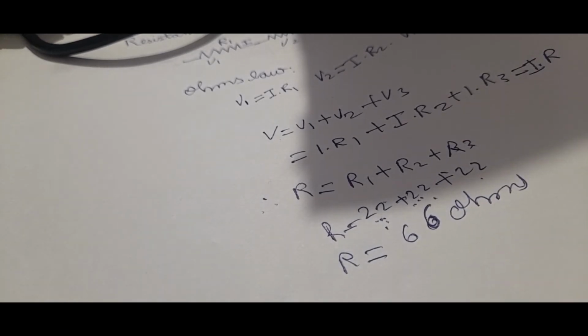So 66 ohms of resistance is applied over here if we take 22 ohms resistors in series. Now we are going to go to another case, which is resistance in parallel.